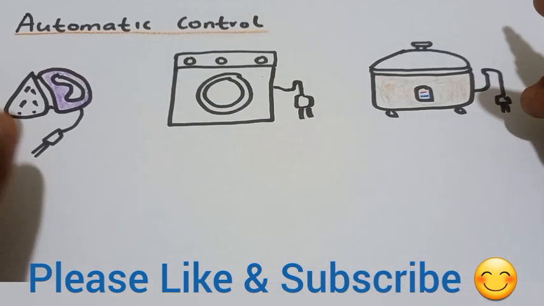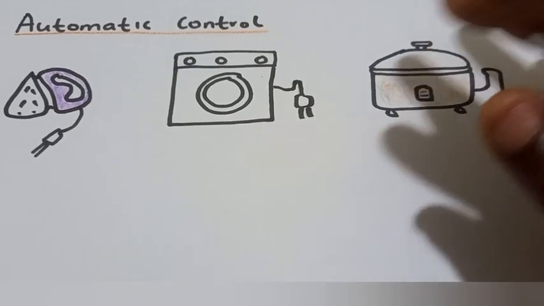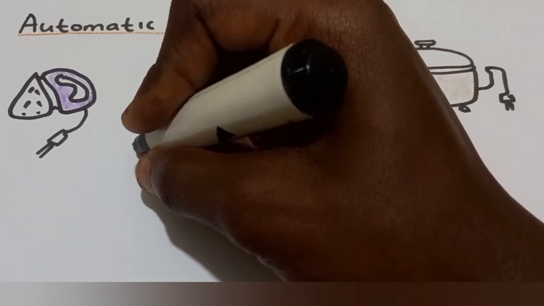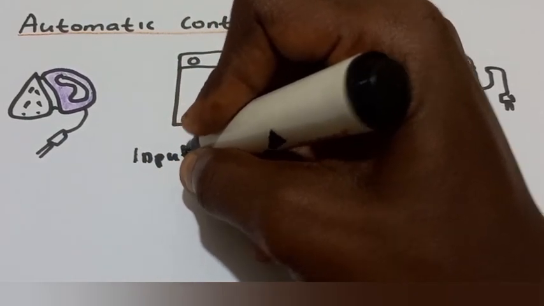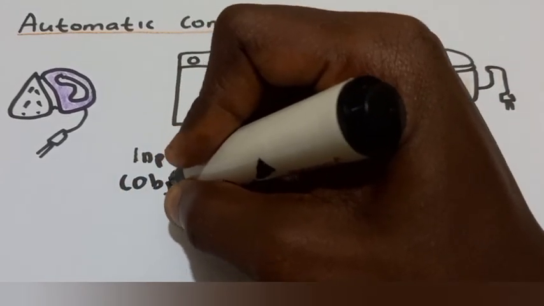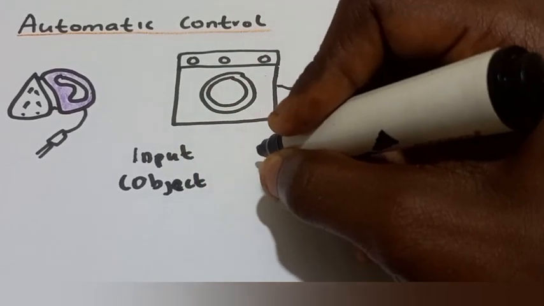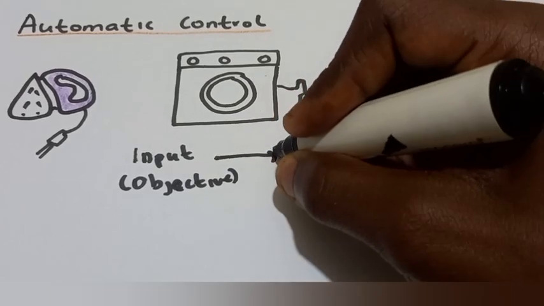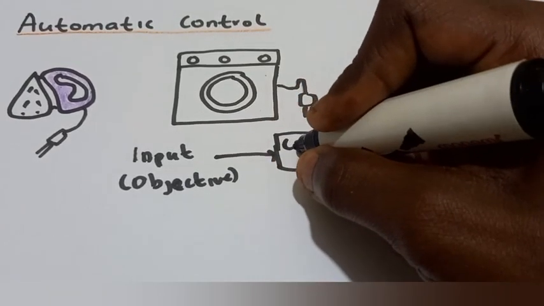So to simplify automatic control, disregarding the complexity of these systems, it consists of, one, the input or the objective. This maps towards the control element.